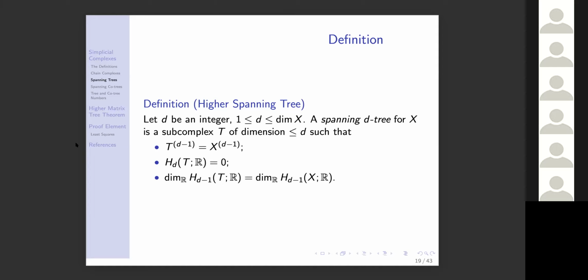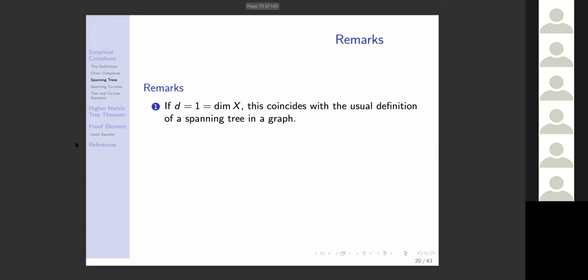If you saw my talk last week, this is one of the ways I defined a spanning tree in a graph. This is actually the same definition translated to higher dimensions. If d equals 1 equals the dimension of X, this coincides with one of the usual definitions of a spanning tree in a graph. It was my second definition.